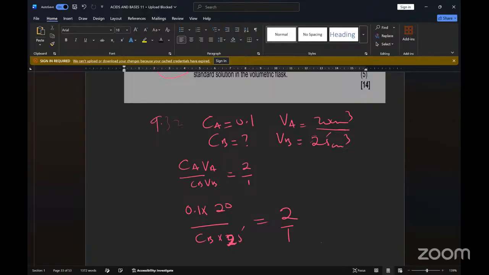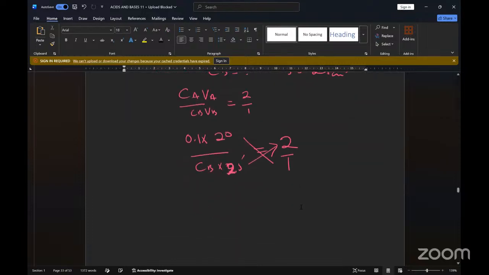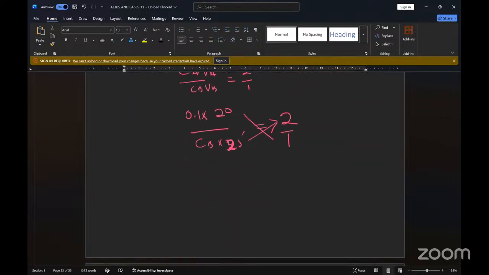Okay, so we cross multiply. One times this is the same thing, so I just put 0.1 times 20, because 1 times that is the same thing, must be equal to C, the concentration of the base, times the volume of the base, times 2, because of this 2 we are multiplying.